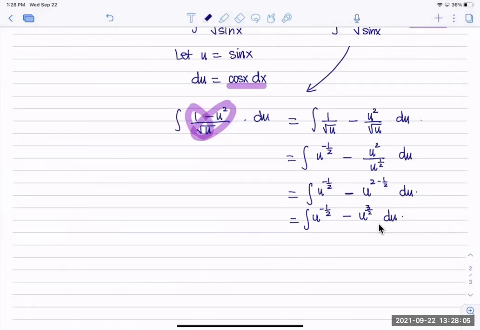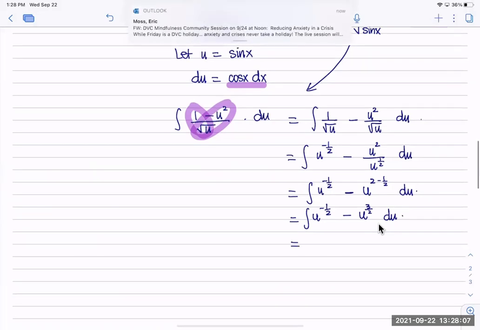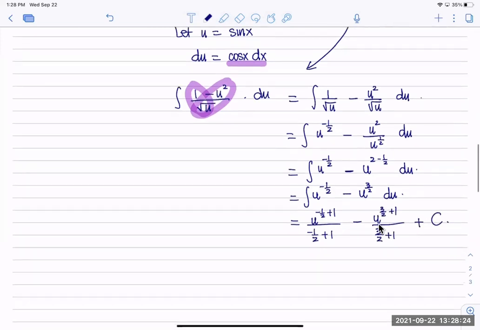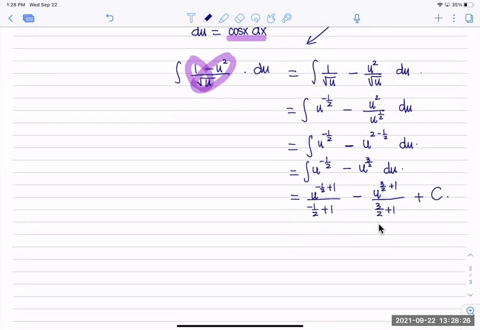All right, so after simplifying, we're gonna take the integral. So this is u to the -1/2 plus 1 over -1/2 plus 1 minus u to the power 3/2 plus 1 over 3/2 plus 1, and then plus c. Power rule. And then we will simplify this.